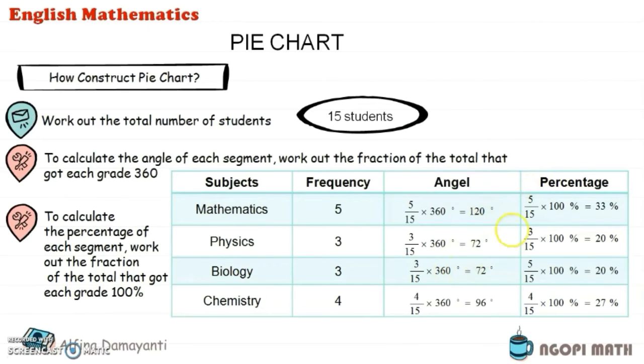To calculate the percentage, it is 5 divided by 15 times 100%, which equals 33.3%. So 33% is the percentage of mathematics. You repeat this step for physics, biology, and chemistry.